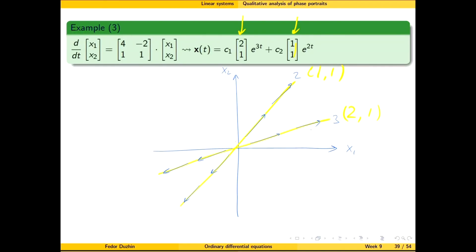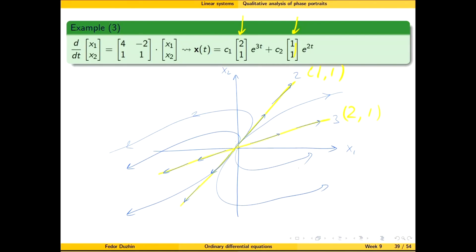Far from the origin, it's parallel to the vector (2, 1), and near the origin it is parallel to the vector (1, 1). Same thing here: near the origin (1, 1), far from the origin (2, 1).